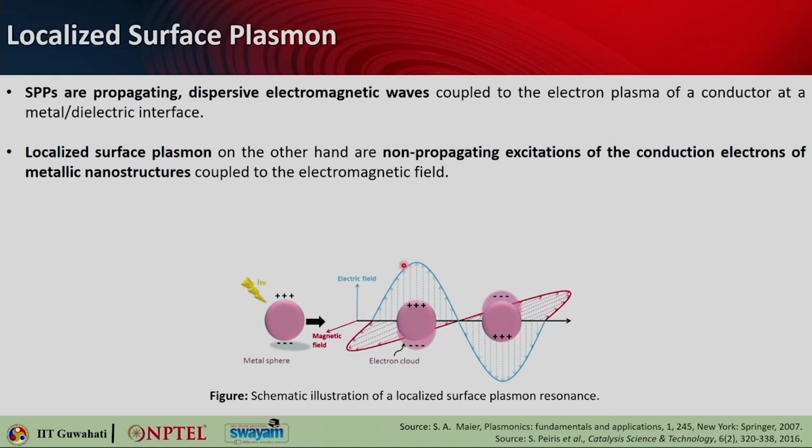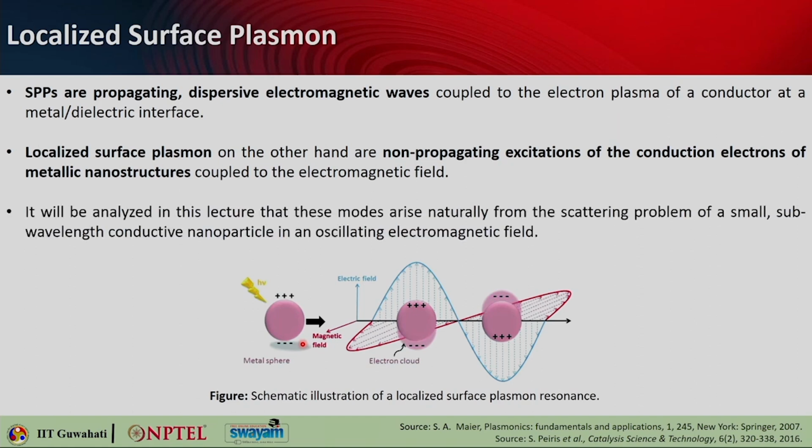That is how, with the electric field, this metallic nanoparticle gets an induced dipole that also oscillates. Now, you might know that an oscillating dipole radiates. In this case, the metallic nanoparticles also behave like dipoles which oscillate with the incident electromagnetic field.